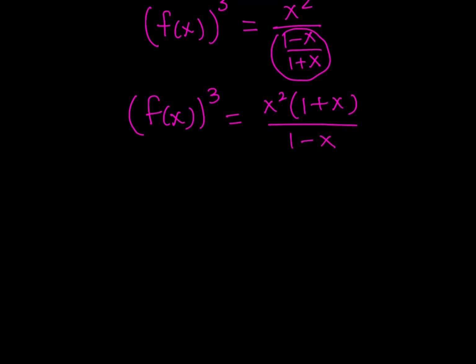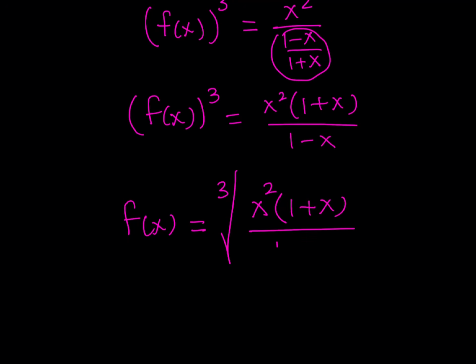And we get f of x by cube rooting both sides, right? Is that a word? I believe so, or we made it one. So we can cube root both sides, and we're going to be getting f of x equals the cube root of x squared multiplied by 1 plus x divided by 1 minus x.